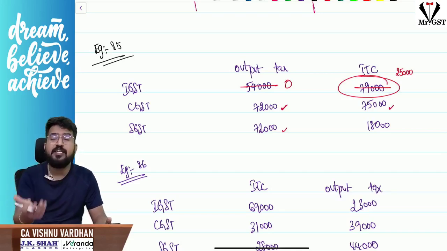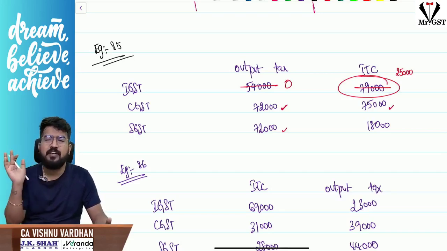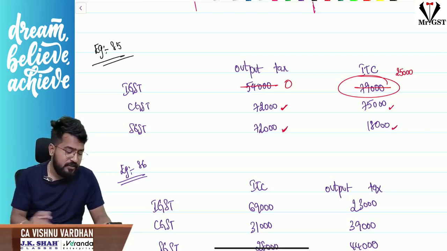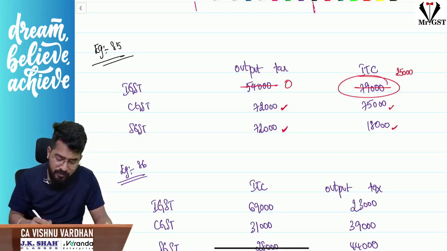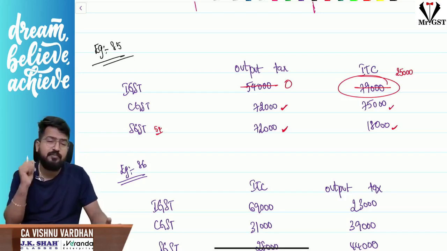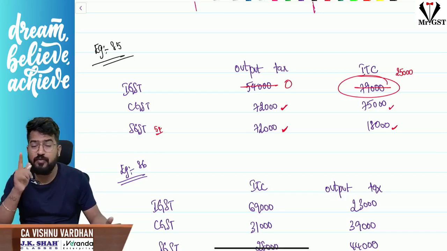That means it has 3,000 extra money. It doesn't need anybody's help. But SGST is 72,000 payable but 18,000 ITC. So that means it needs the help of 54,000. Still it has a shortfall of 54,000. That means SGST is actually waiting for somebody to help.